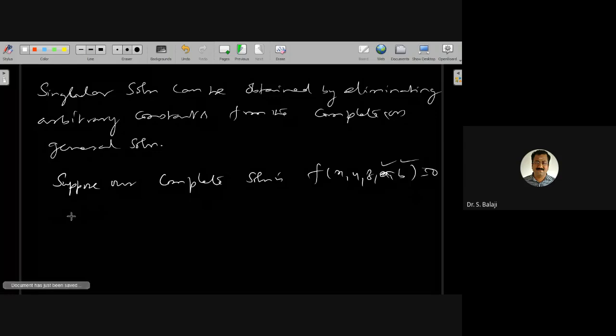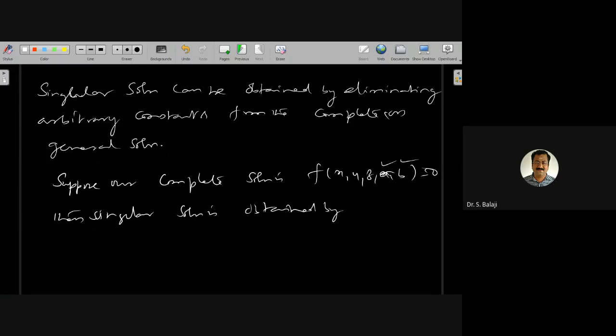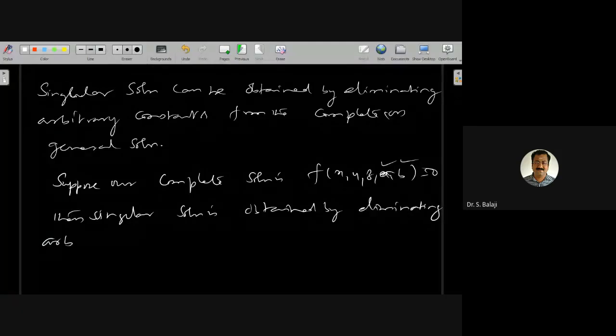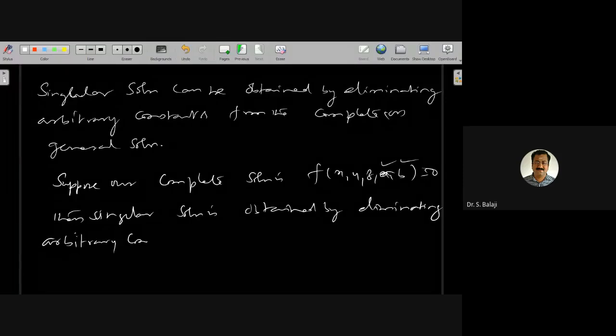Then the singular solution is obtained by eliminating the arbitrary constants.